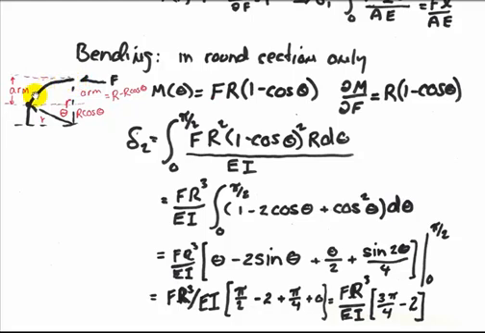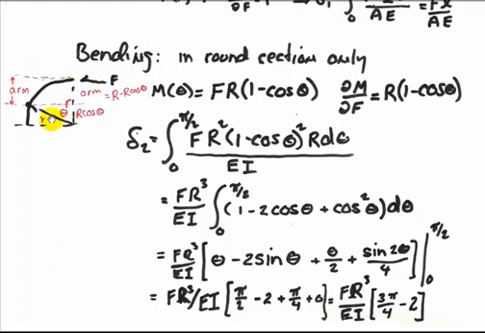And so my moment as a function of theta is equal to the value of the force times the distance from the force to the point that I want to calculate out. And here's my hand at the point where I want to calculate my bending moment, and my moment arm is shown here. It's a distance measured perpendicular to the force.